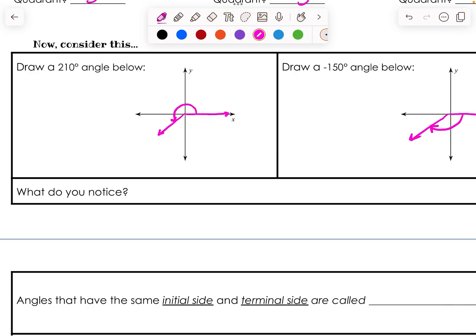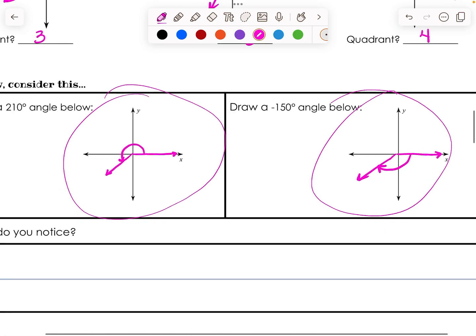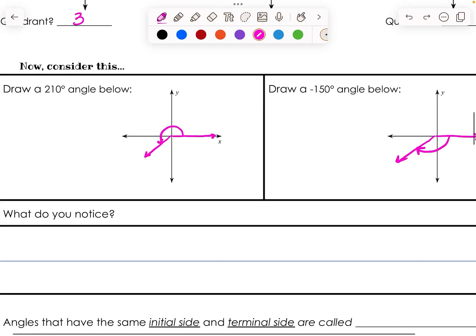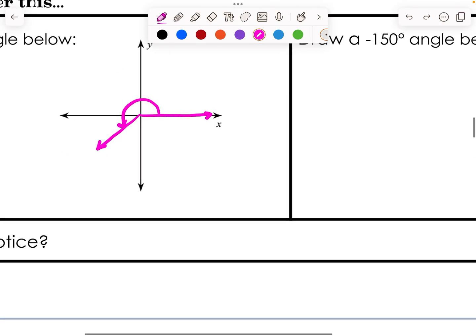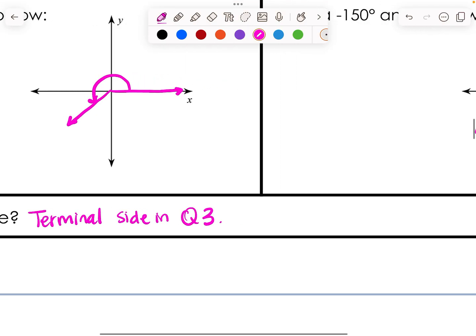What do you notice when you're comparing these two angles, the 210-degree angle and the negative 150-degree angle? In comparison to each other, they look like they both have the terminal side in quadrant 3.